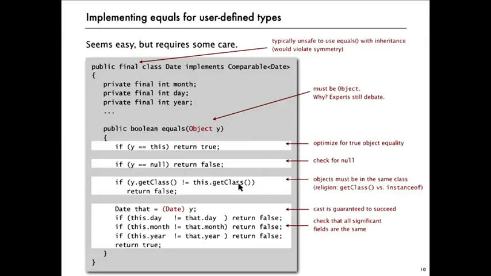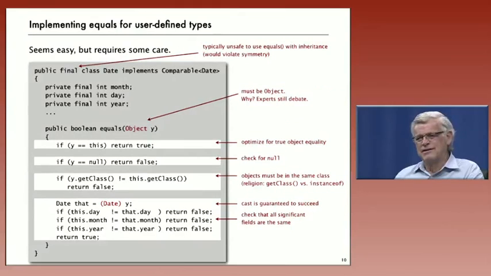We'll use getClass, and that's something that has to work, or they'll get an exception in the later code, because since y had to be an Object, now we have to cast it to a Date. And then it better be the right class, or otherwise it's not going to have these fields that we can test for. Those are details, but anyway, you can use this code as a model to implement equals for any data type that you might wind up using as a symbol table key.